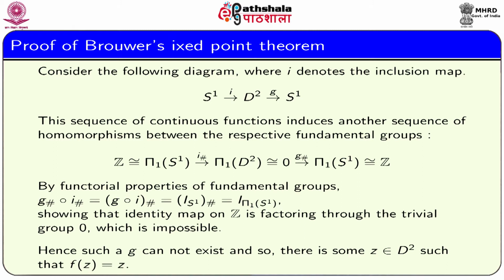Hence, such a g cannot exist, and so there is some z in D2 such that f(z) is equal to z.